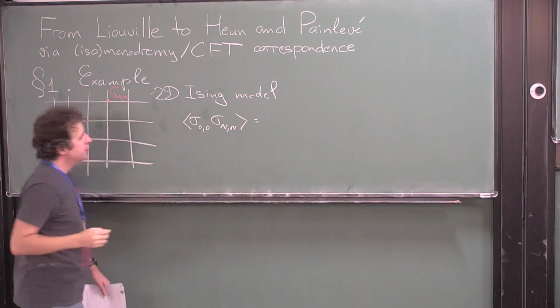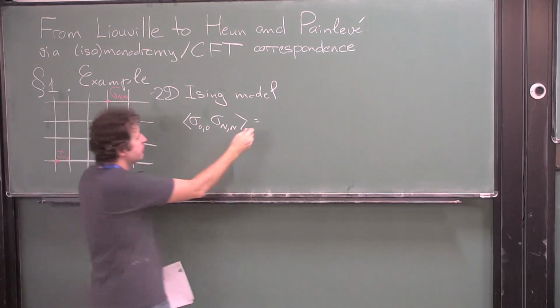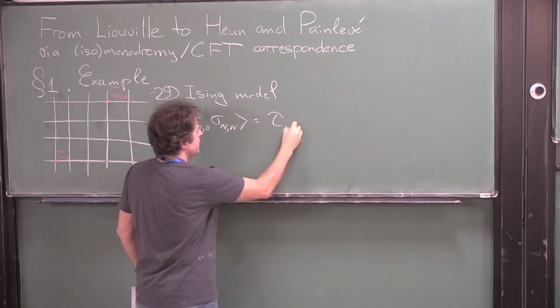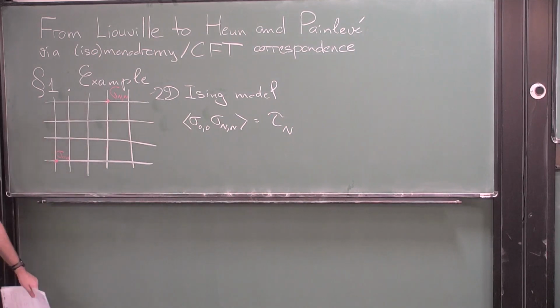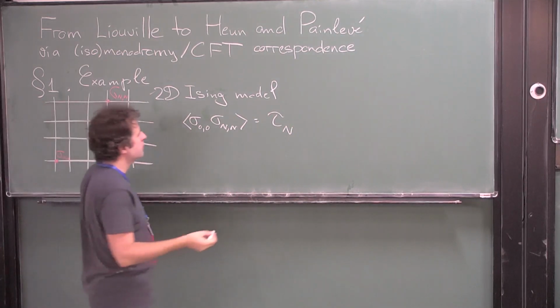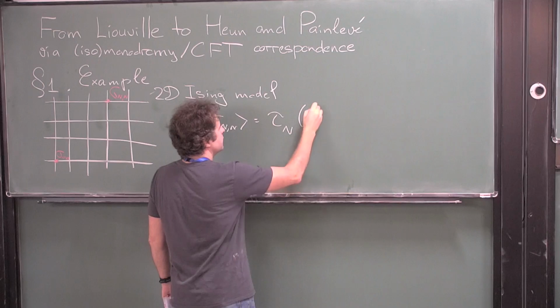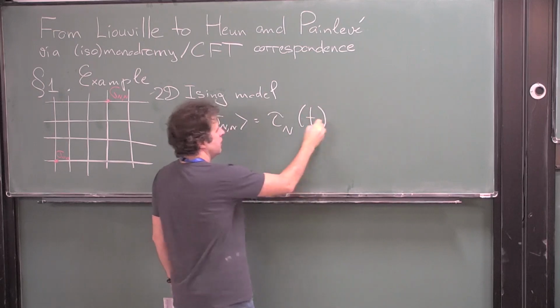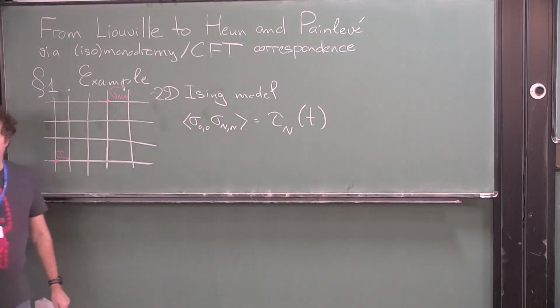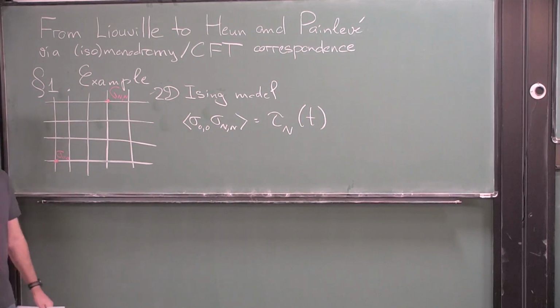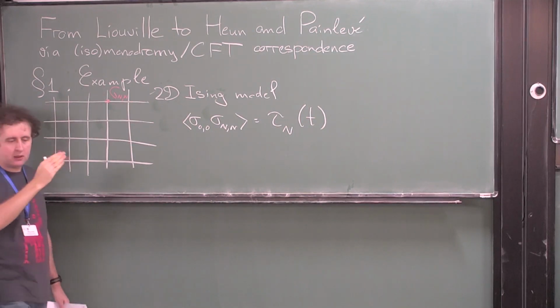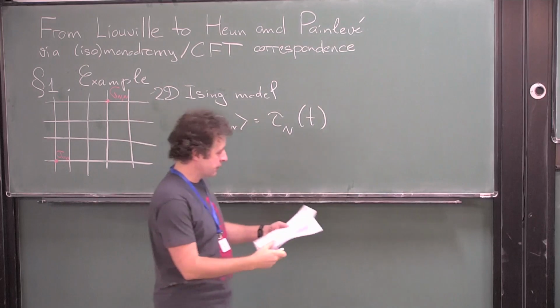which is going to be a function which depends on the separation of spins, but it will also depend on a suitable temperature parameter t. So t is basically related to the true temperature and the Ising coupling constant.